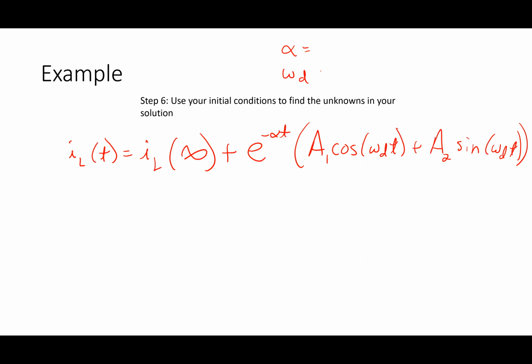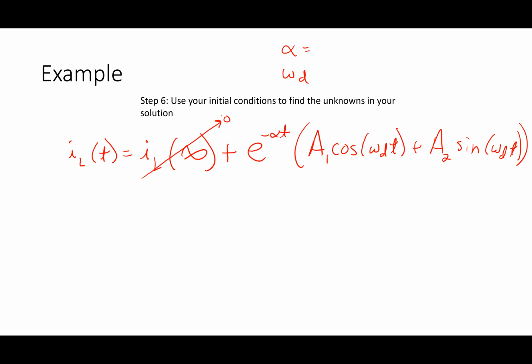Now, to be able to solve for the initial conditions, or to get the full result, at this point omega d I got a number for, alpha I got a number for, and IL of infinity we said was 0, because we said the steady state current was 0. What am I solving for at this point by step 6?